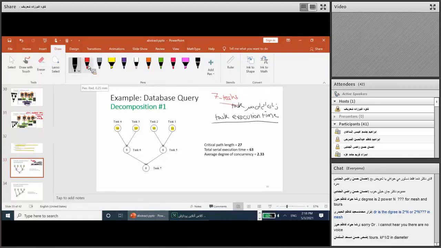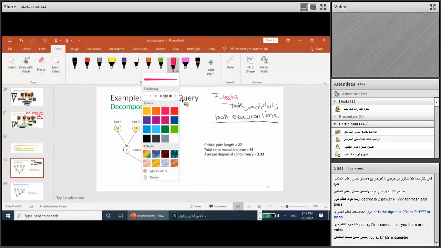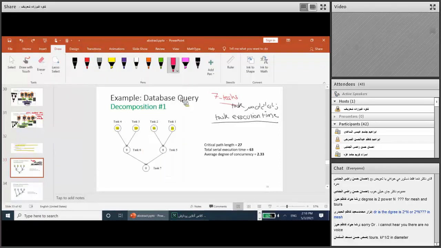Okay. Now, which is the critical path? Start node, finish node. Any task from task 1 to task 4 can be the start task.